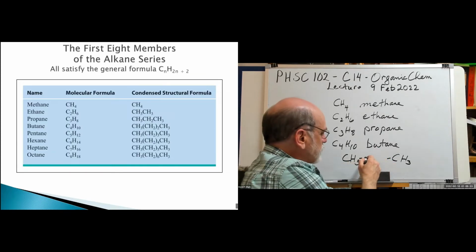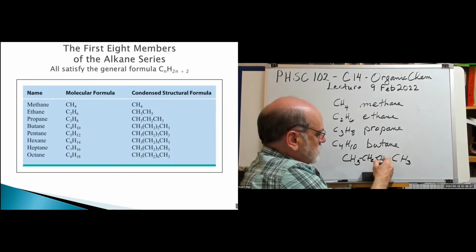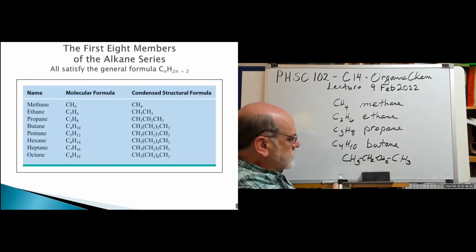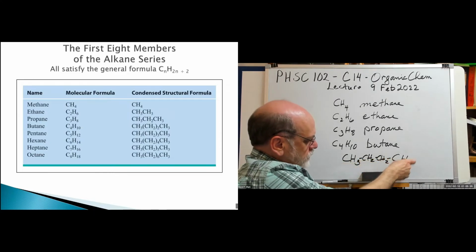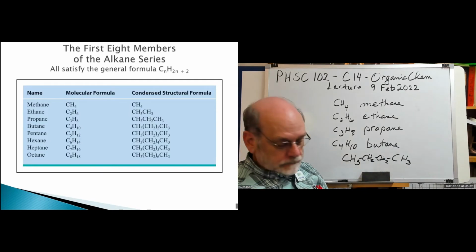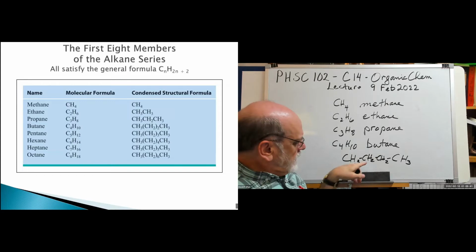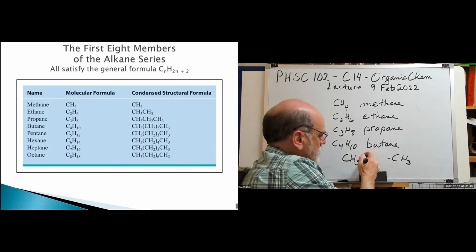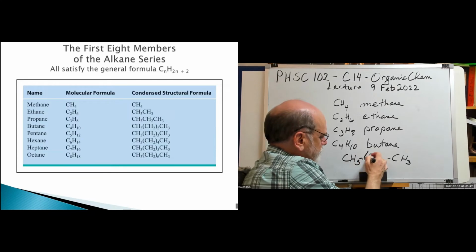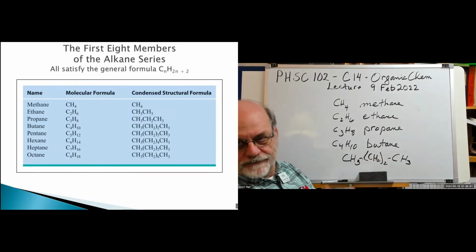And then you can write it like this, right? 4 carbons, right? 1, 2, 3, 4, 1, 2, 3, 4, 1, 2, 3, 4, 1, 2, 3, 4. 4 bonds each. Or you can do like they did and take this one and say you need 2 of them.